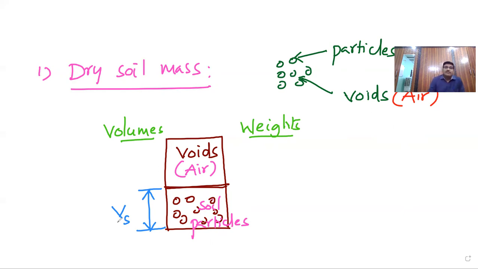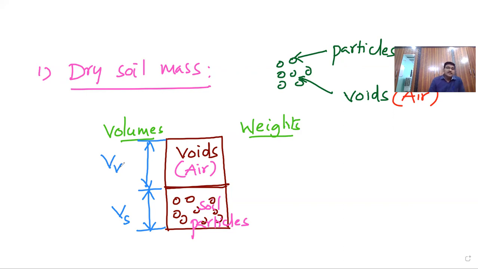And the part above is completely the volume of voids. Capital V stands for volume, and small v subscript is for the voids, the volume of the voids.